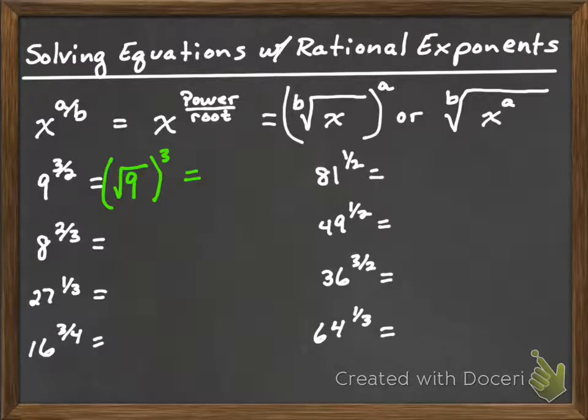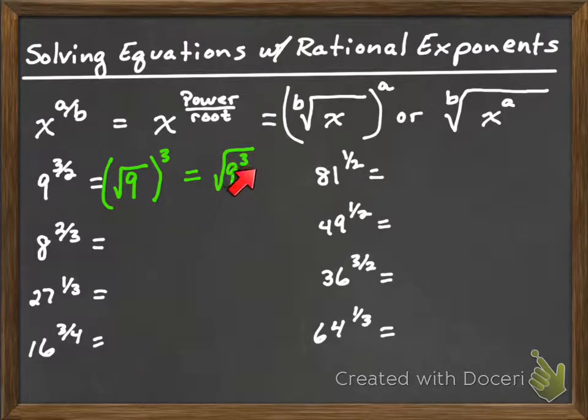Now, the other way of writing this is to write it as the 9 raised to the 3rd power, and then take the square root of that answer. So if you think about that, which one of these 2 is going to be easier to work out?